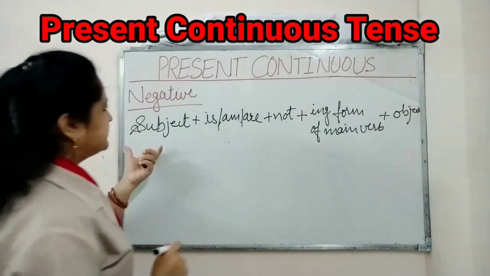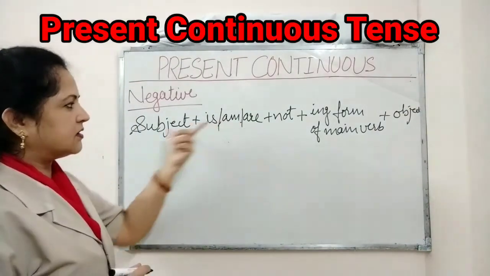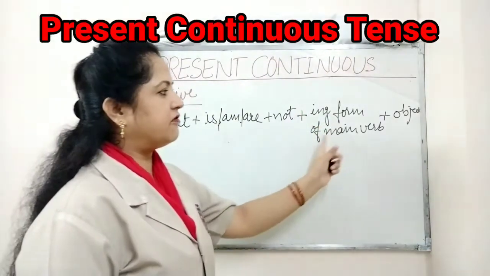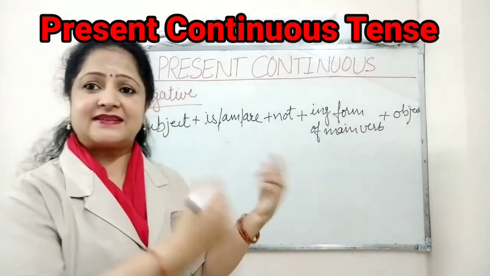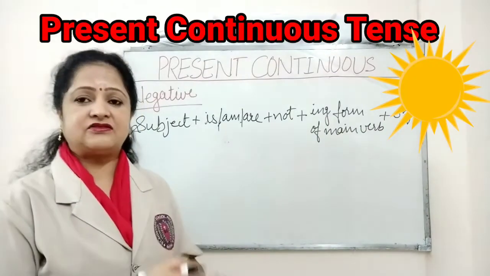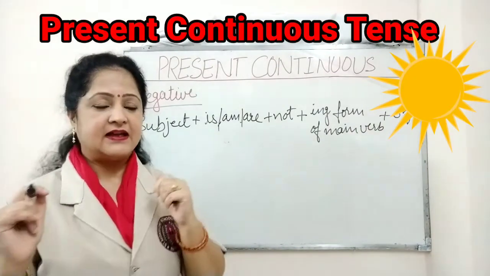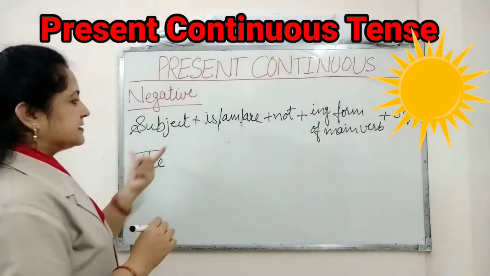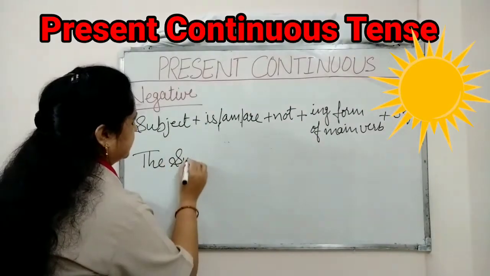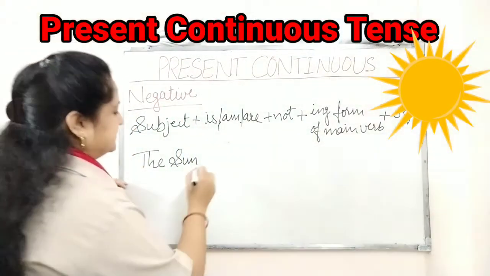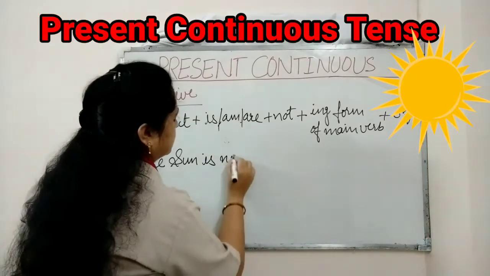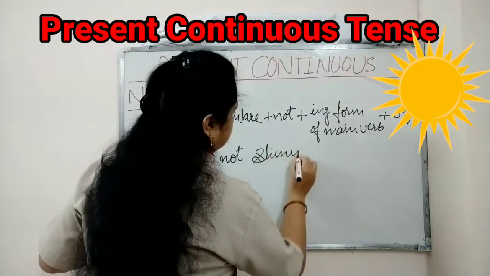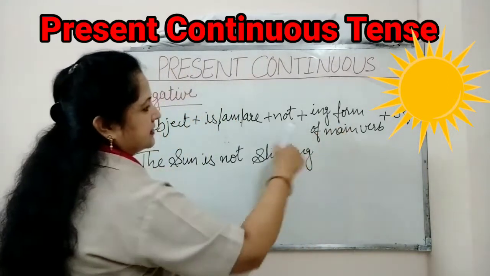So: subject, is, am, are according to the subject, then not, then ing form of main verb plus object. Let's take the same sentence again: the sun is shining in the sky. The sun, this is our subject, is not shining in the sky.